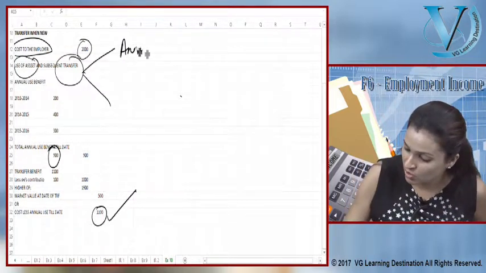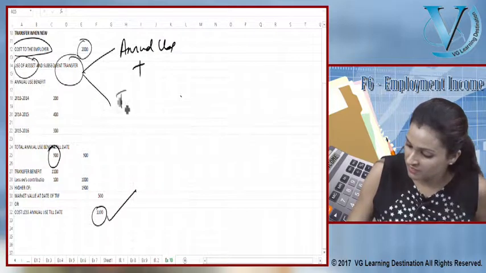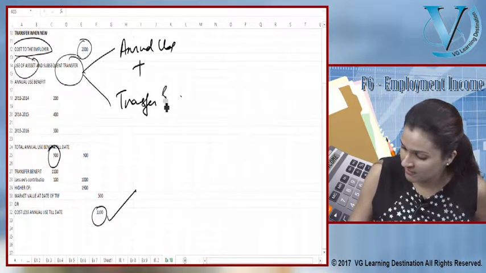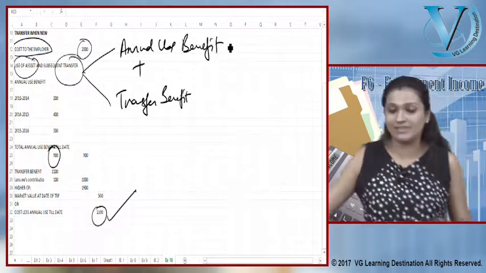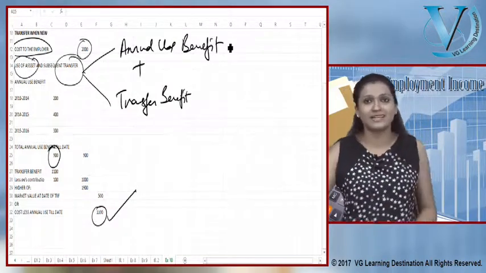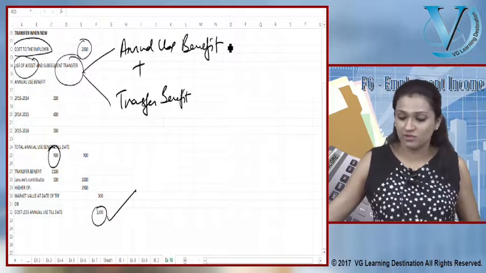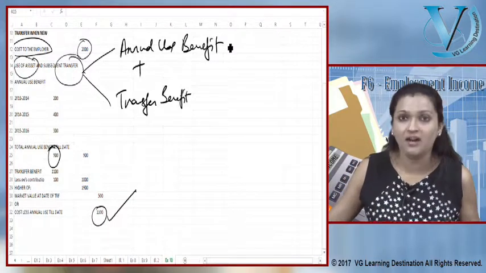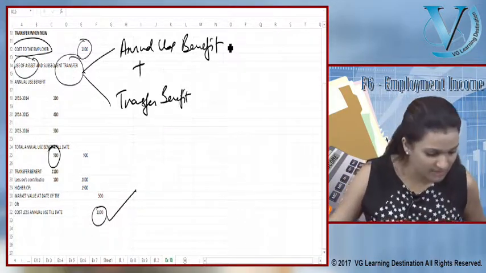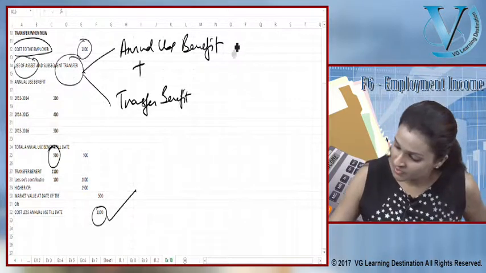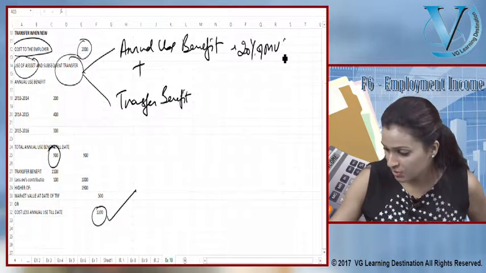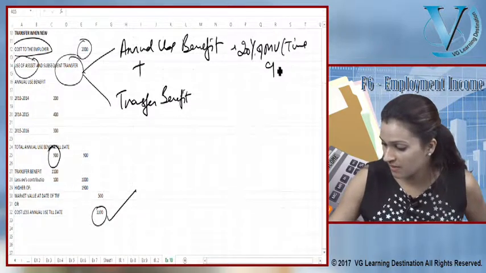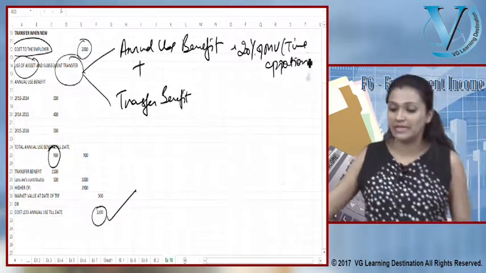First is the annual use, and then there is a transfer benefit. So two types of benefits arise. Annual use is for the number of years you've used it, calculated for every year as 20% of market value, time-apportioned for the number of months you've used it during the year.